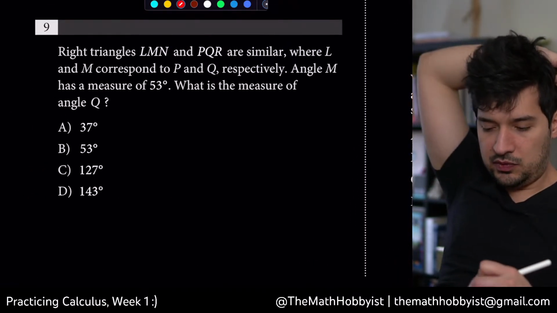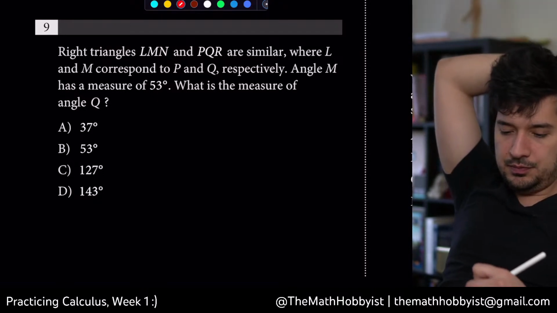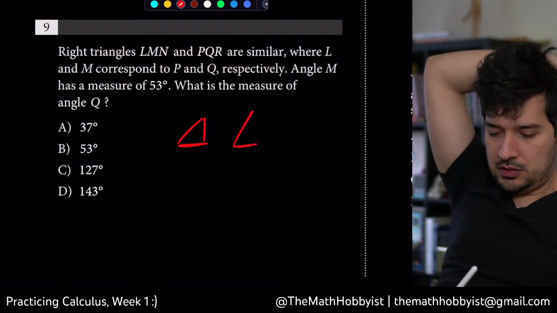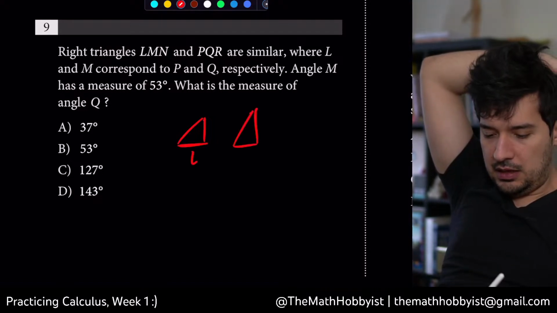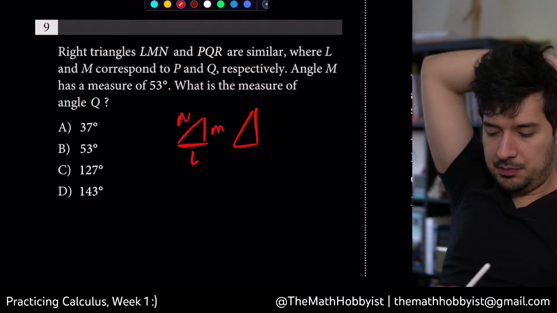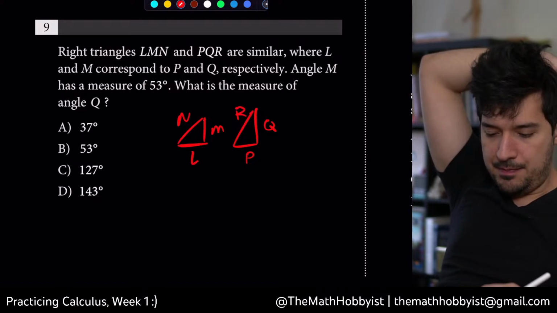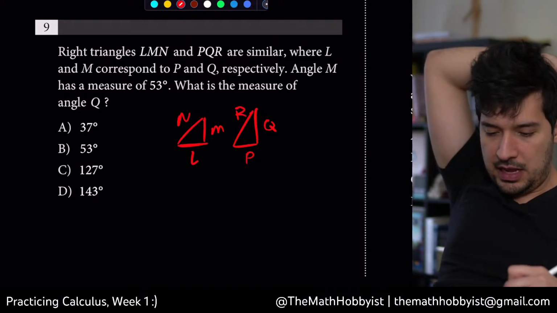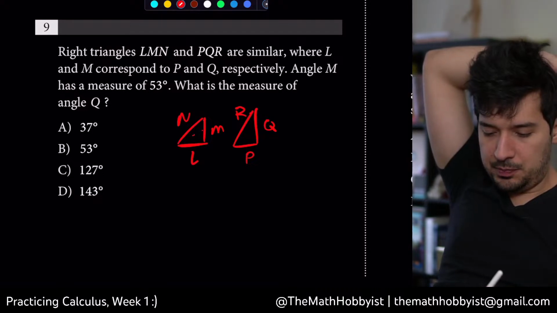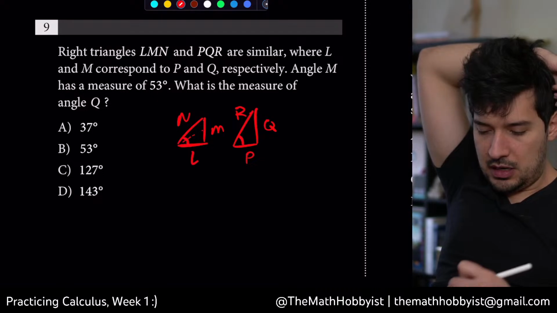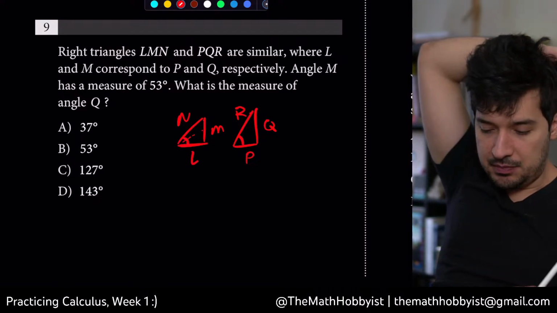Right triangles are similar. Okay, let's draw them. L, M, N, and P, Q, R. Angle M is going to be the corresponding angle opposite of side M. Okay, so then what is the angle of Q, it's going to be the same.